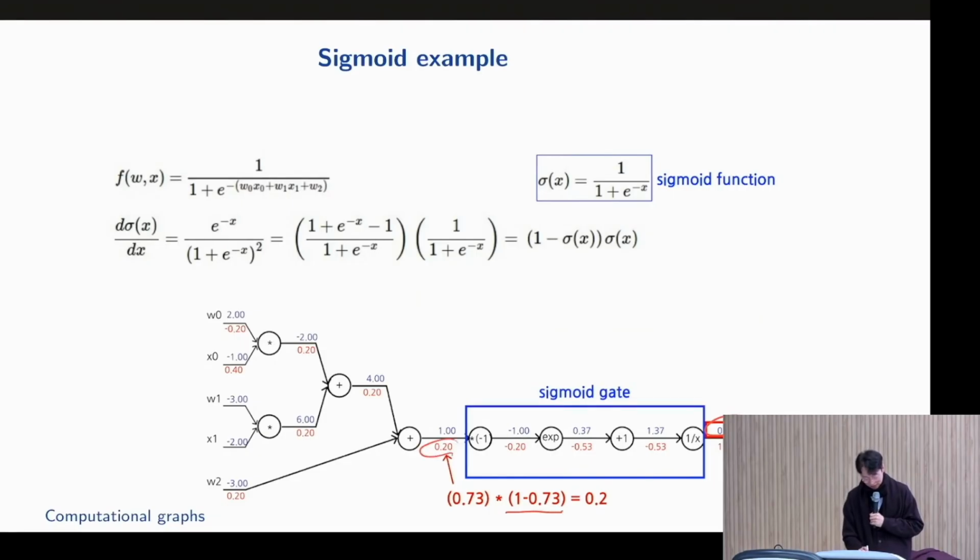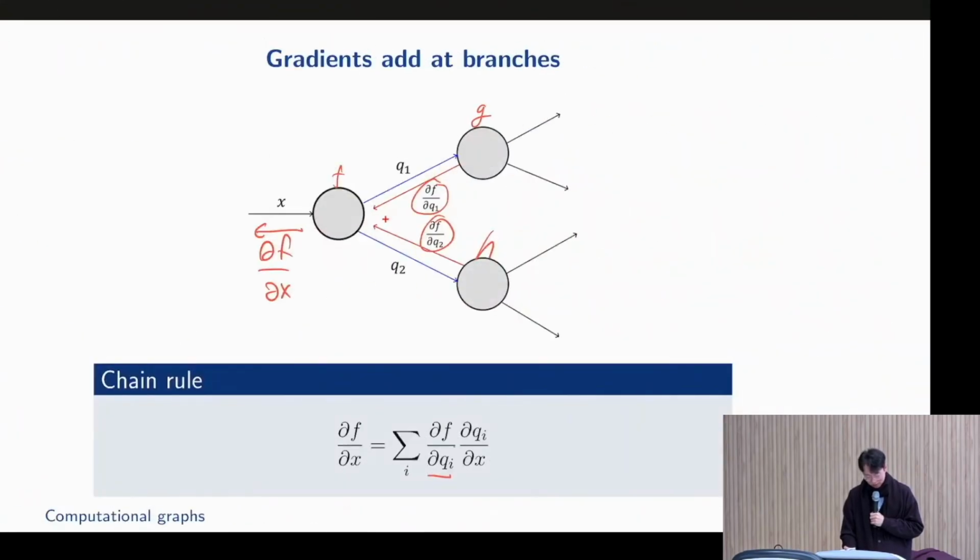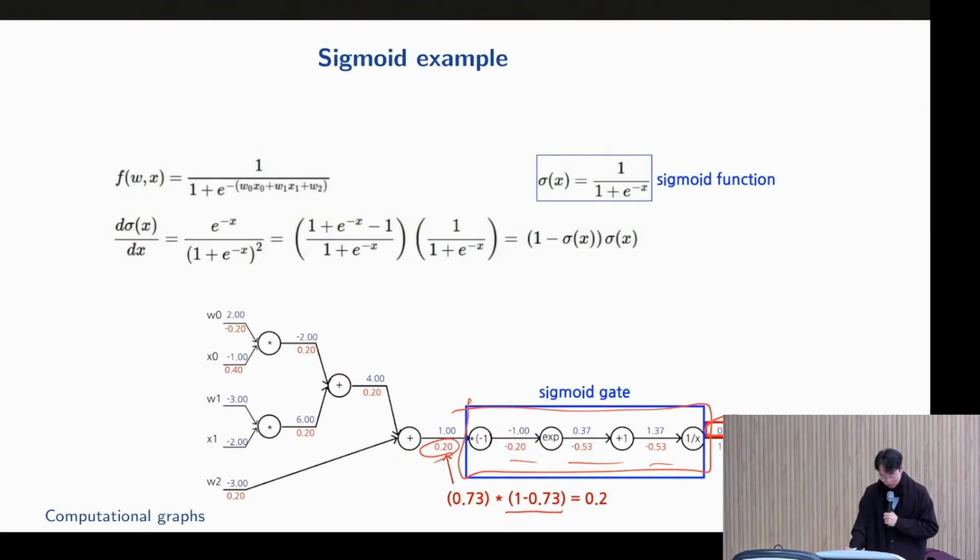That's 0.20. So this whole thing can be replaced with the sigmoid computation node to save some computation, as opposed to doing all these computations along the way. As you can probably imagine, this is already implemented in PyTorch, so you don't need to do these atomic steps.